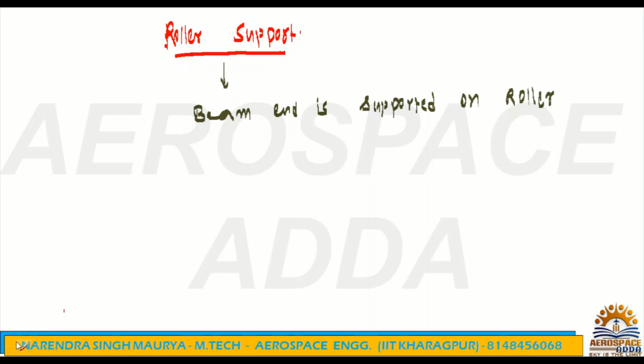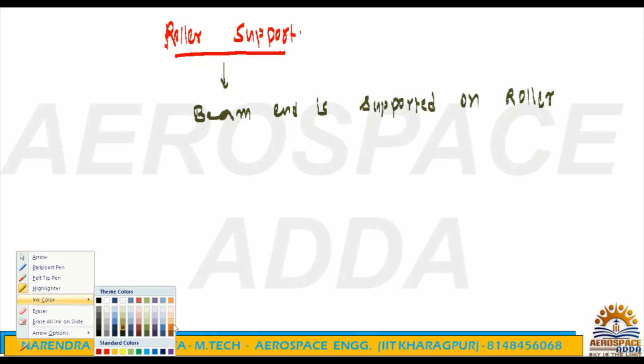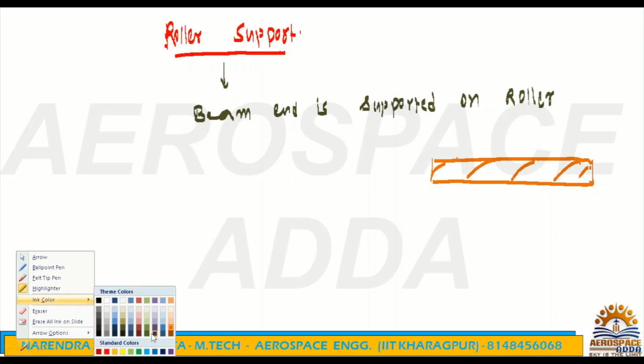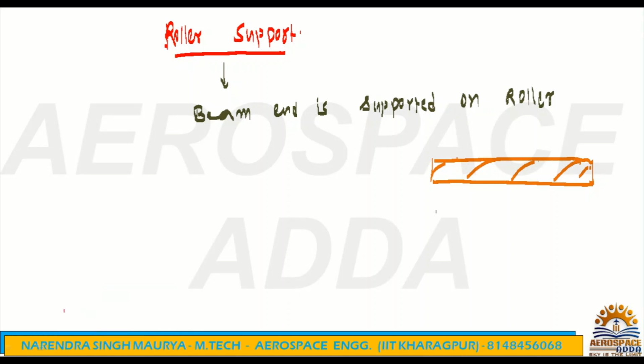Now if I show the diagram, how the diagram will be, you see. Suppose this is the beam. If I want to show this beam on roller support, you can show it this way.